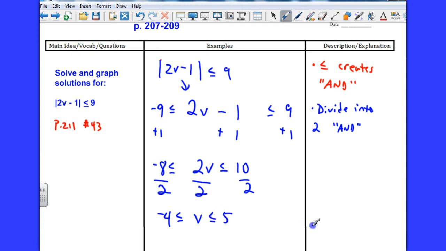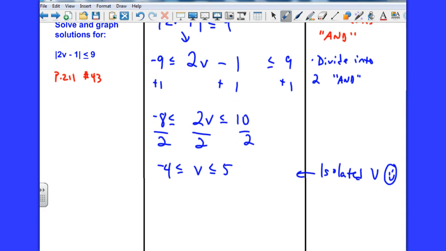Now, what you've done is isolated the v, and that's what you're trying to do. You're trying to get that v isolated. It just happens to be an and inequality. And so the left barrier is negative 4, and the right barrier is 5. The question did ask, if you copied it down, to solve and graph.